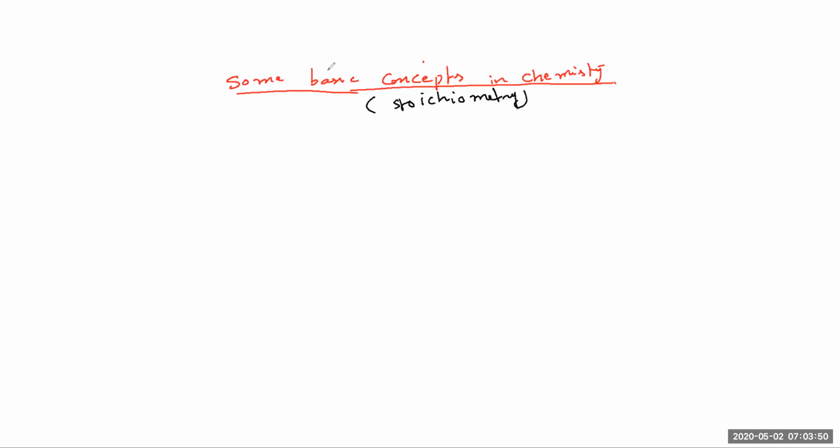So in this, some conversion factors, you note it down, all of you.